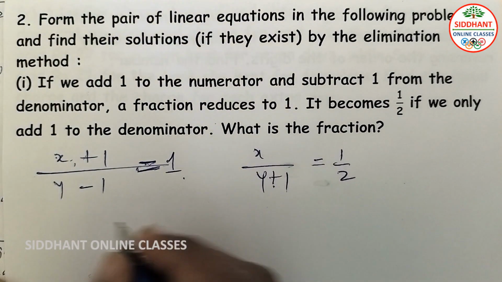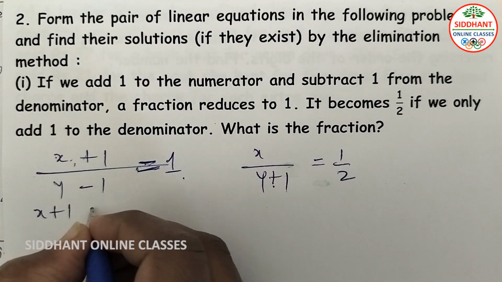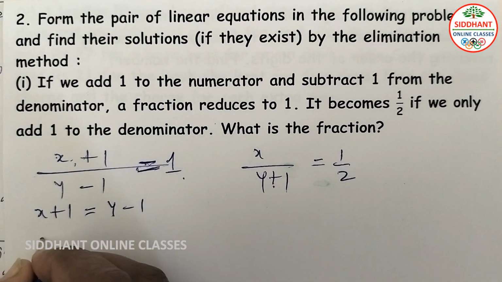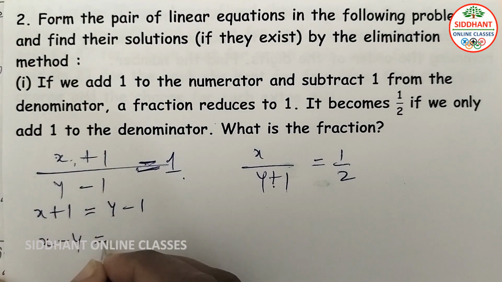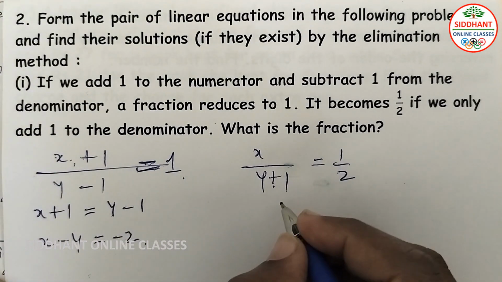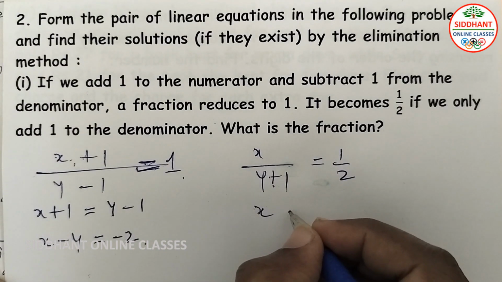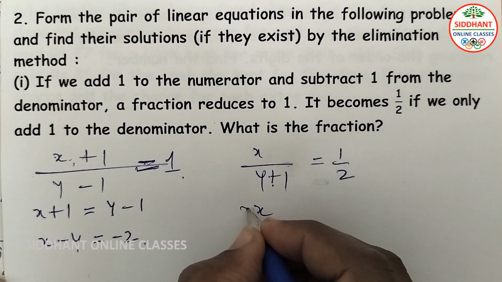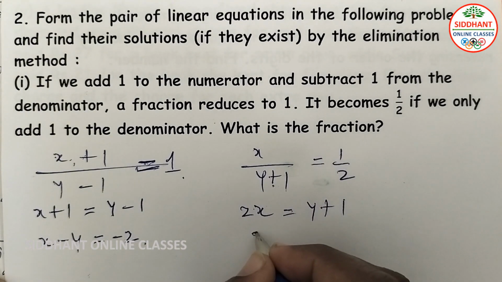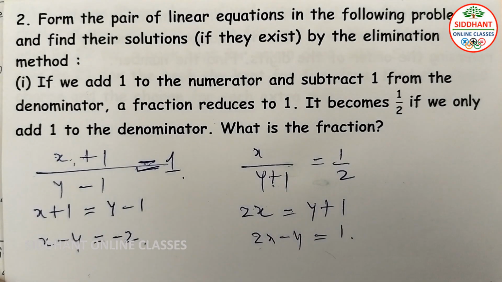When you simplify, x plus 1 equals y minus 1, that is x minus y equals minus 2. Then by cross multiplication, 2x equals y plus 1, that means 2x minus y equals 1.